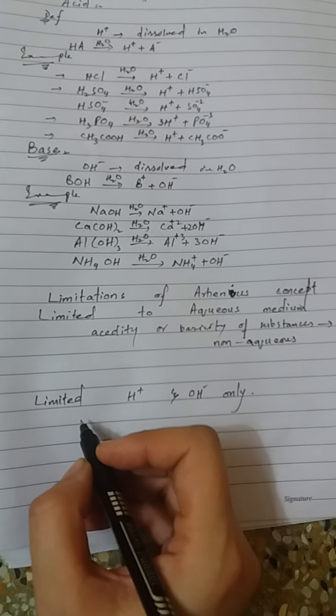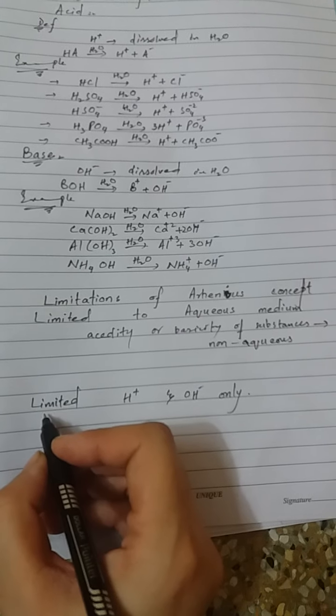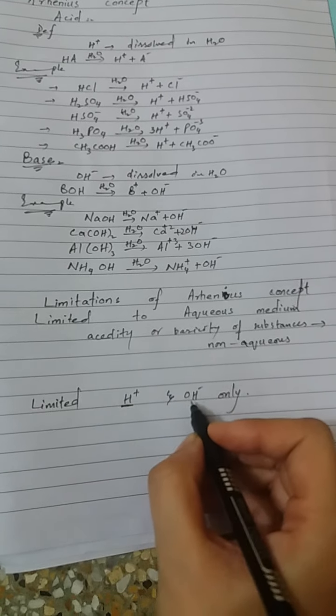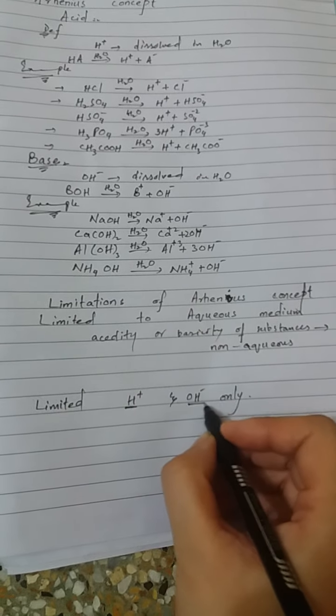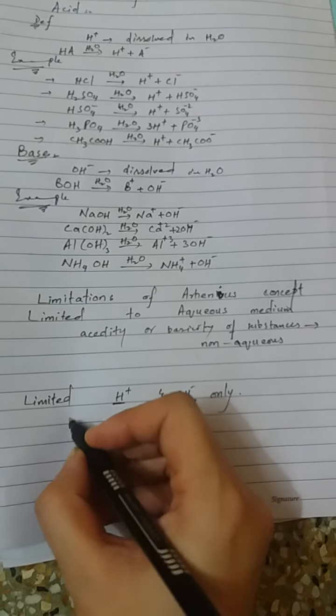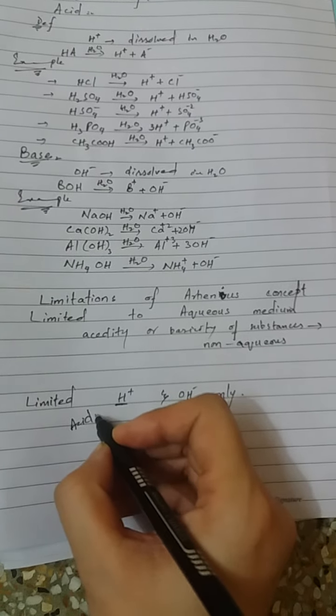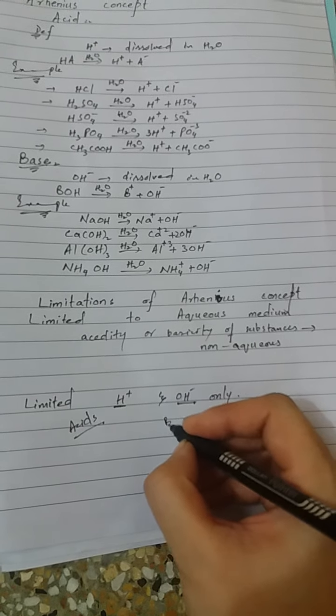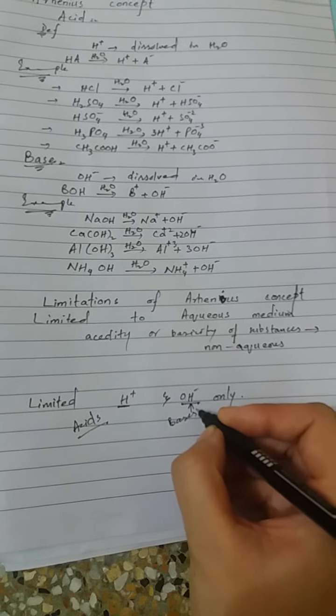According to Arrhenius concept, acids are limited to the hydrogen ion and bases are limited to the hydroxide ion. Because here acids are those substances which produce hydrogen ion and bases are those substances which produce hydroxide ion.